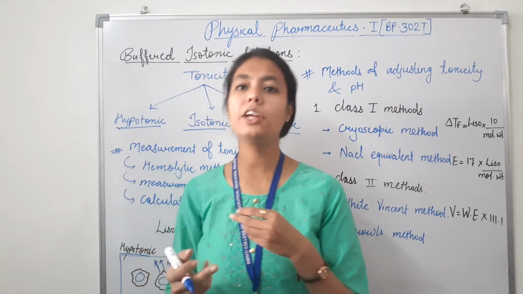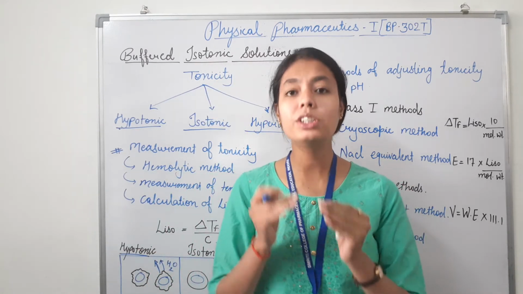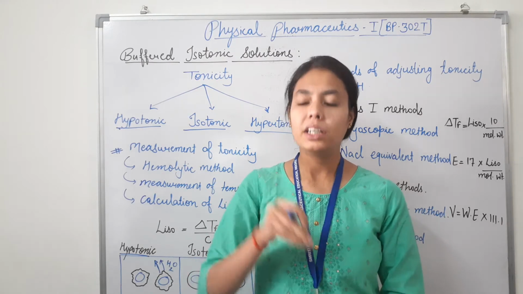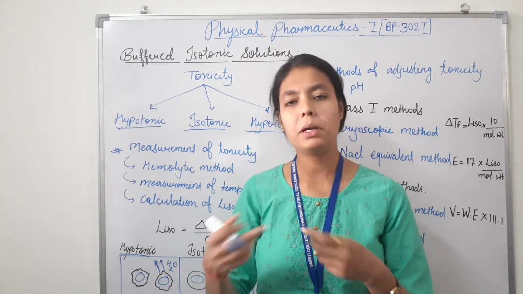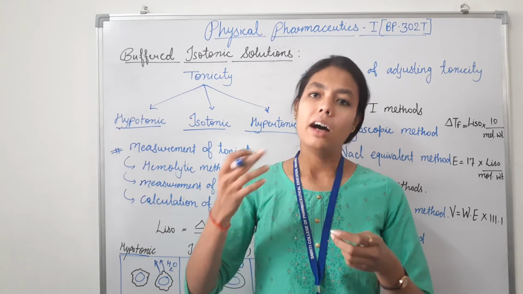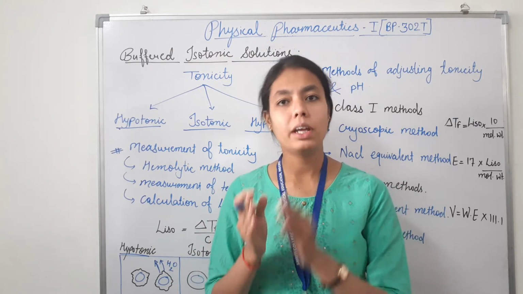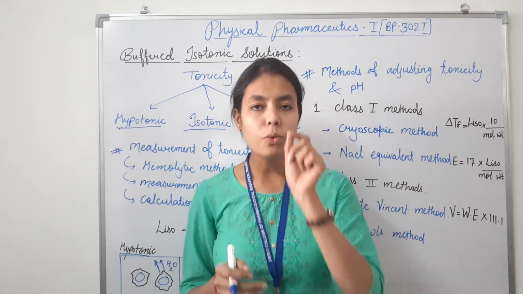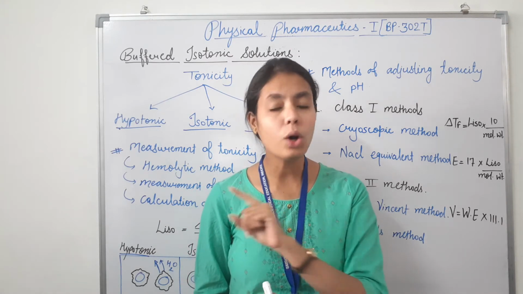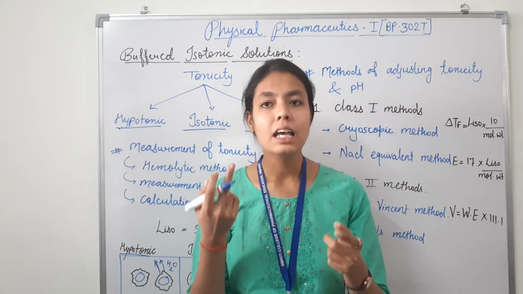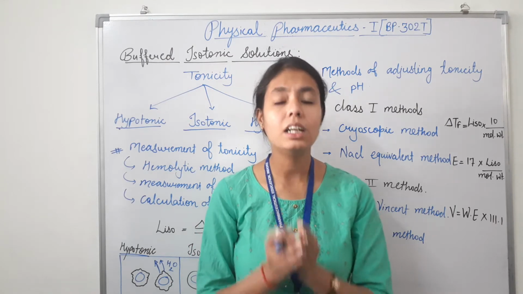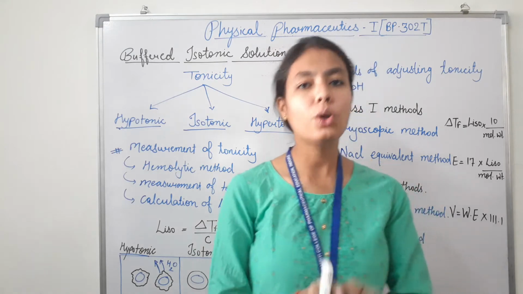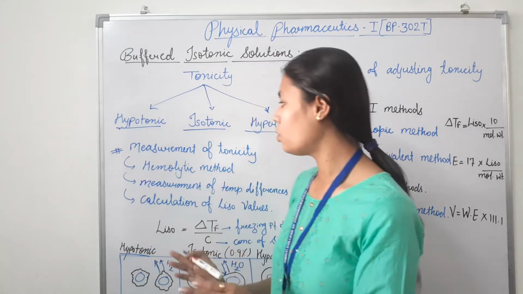Solutes cannot cross the semi-permeable membrane, but the solvent is crossing the semi-permeable membrane, and changes in osmotic pressure occur. So tonicity is the concentration of only the solutes that cannot cross the membrane, since these solutes can exert osmotic pressure on the membrane. That is called tonicity.